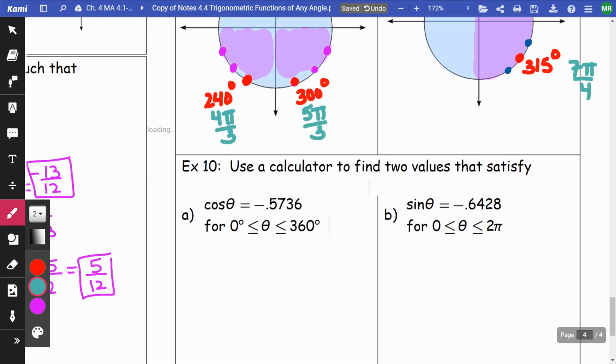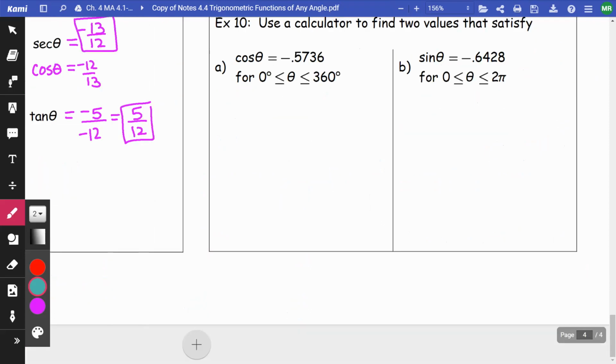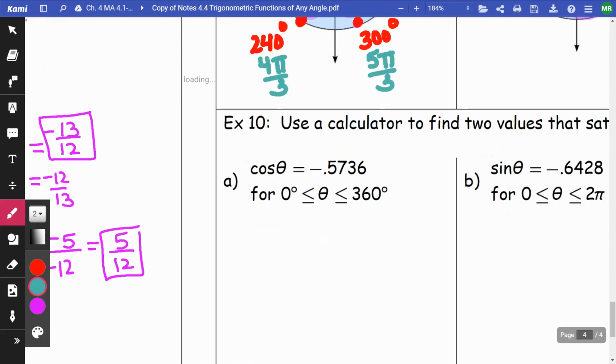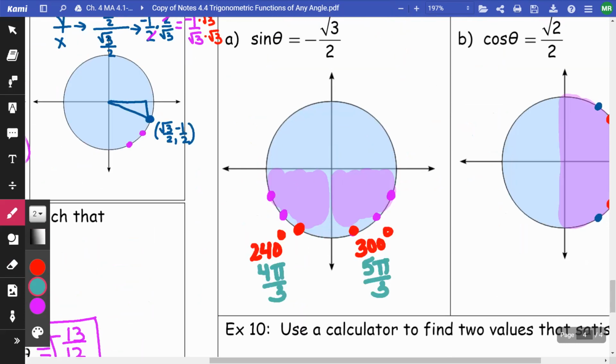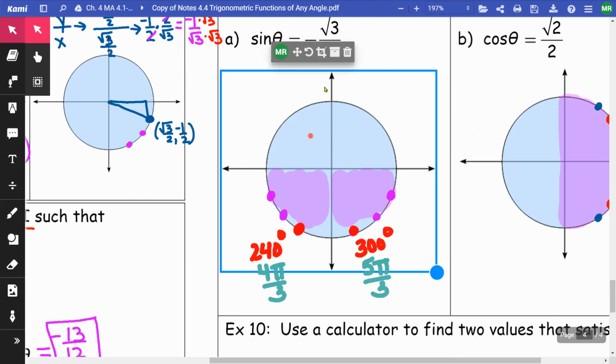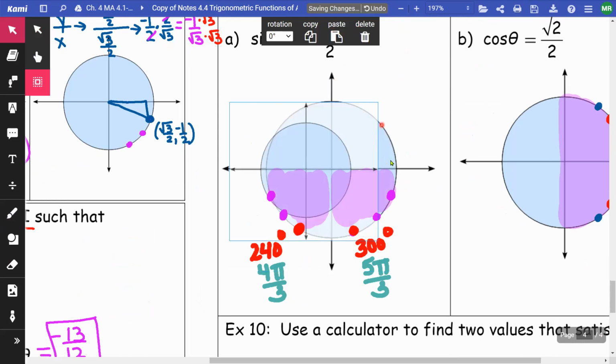On the next section, use a calculator to find two values that satisfy each of these. So this is going to be the similar idea, okay, as what we just did.